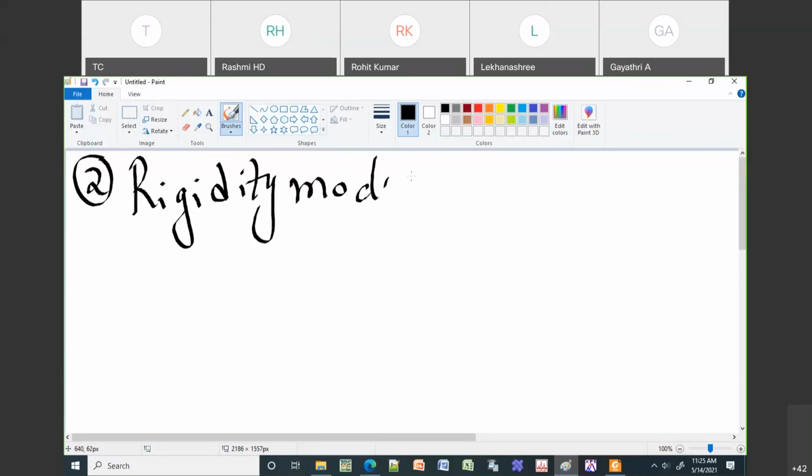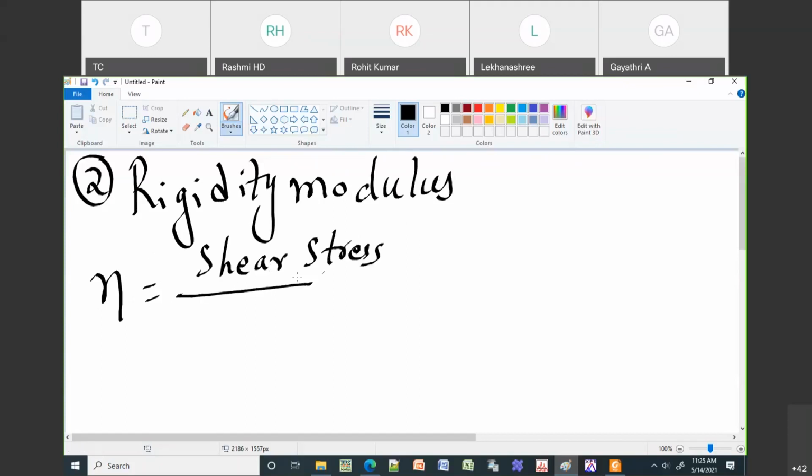So what is rigidity modulus? Rigidity modulus is nothing but n equals shear stress by shear strain.